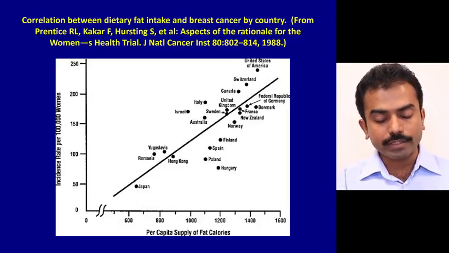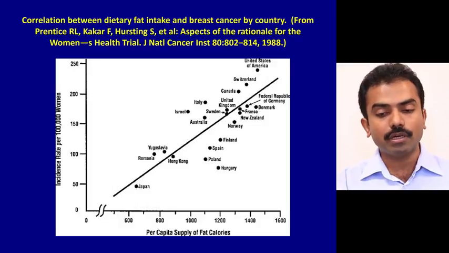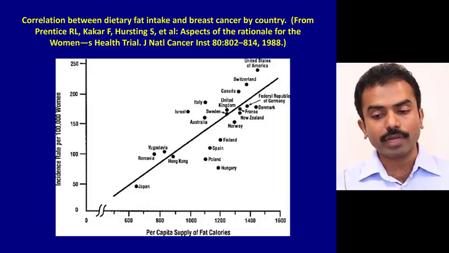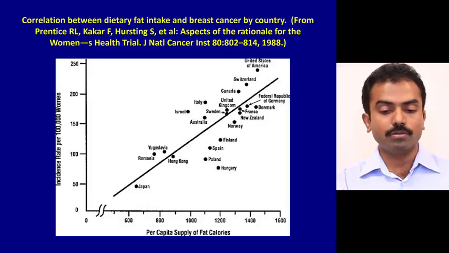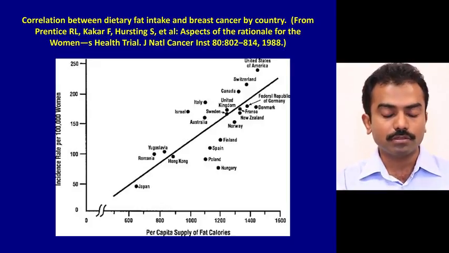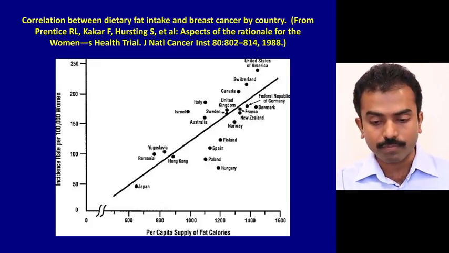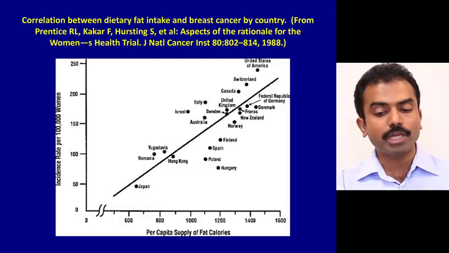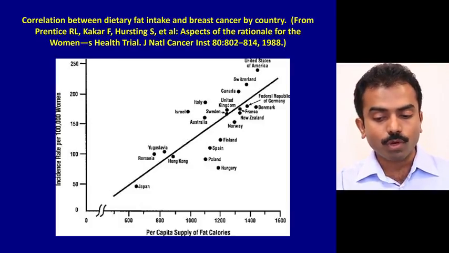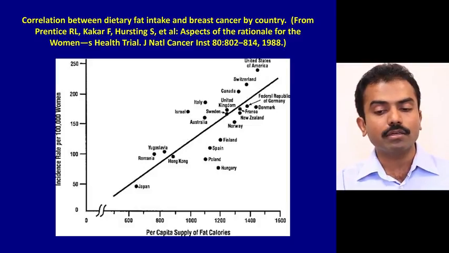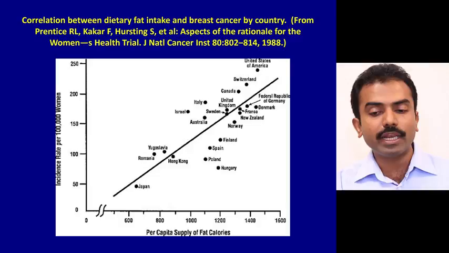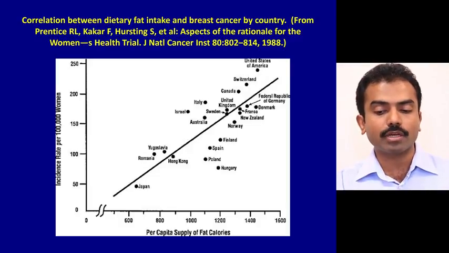And one of the temptations that we have when we look at a graph like this is to conclude that dietary fat is the causal factor for breast cancer. And there is a problem in drawing such a conclusion. What is that problem? The problem is we are using aggregate data to make individual level inferences, and that is not correct.